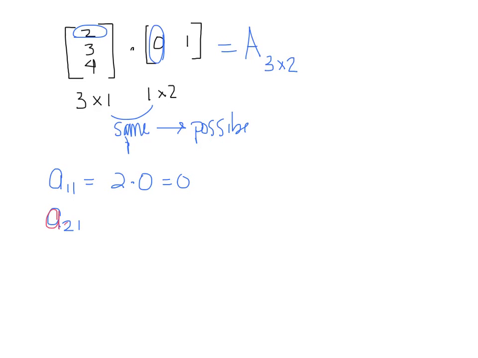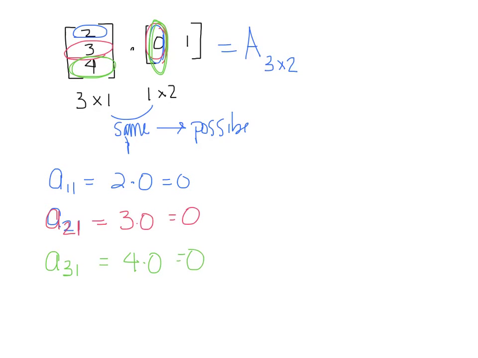I want the second row with the first column. That's 3 times 0, which is 0. And then if I choose another color still, I can do A31. So I want the third row with the first column, and I'm getting 4 times 0 is 0.